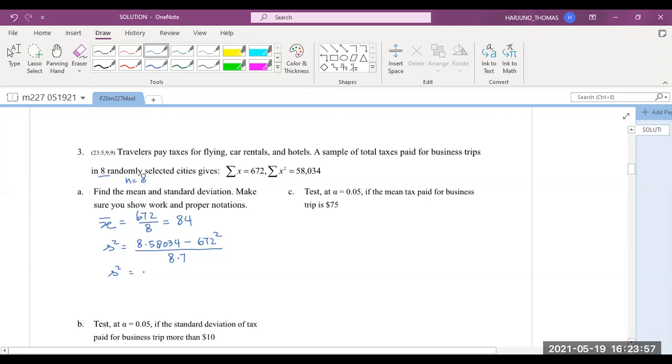That gives me the sample variance 226.57143. Then the sample standard deviation will be the square root of that. Okay, so this is the sample mean and sample standard deviation.